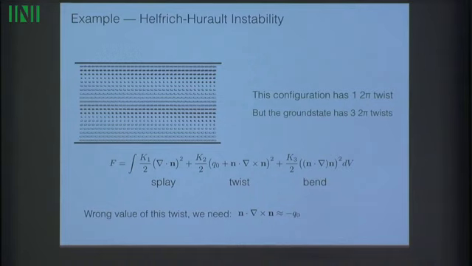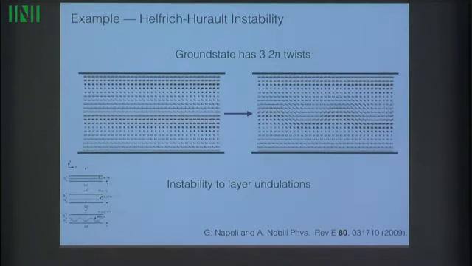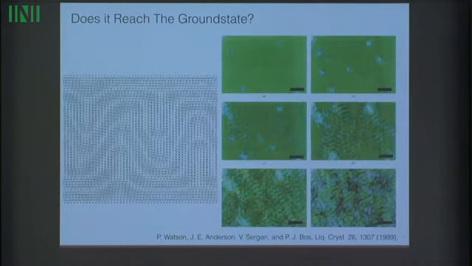So the twist, the n dot curl n, has the wrong value. And it turns out that if the frustration is high enough, there's an instability, the Helfrich instability, and if you add in a sinusoidal perturbation to the layers, that will grow. So you can work out various thresholds depending on the elastic constants for this.